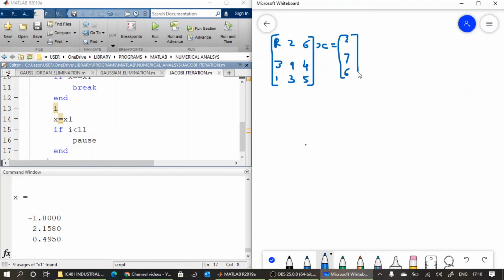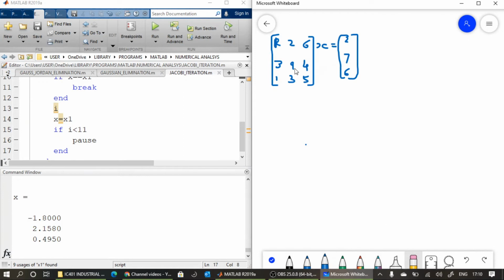Okay, so if I am selecting 17, then this one is 17.